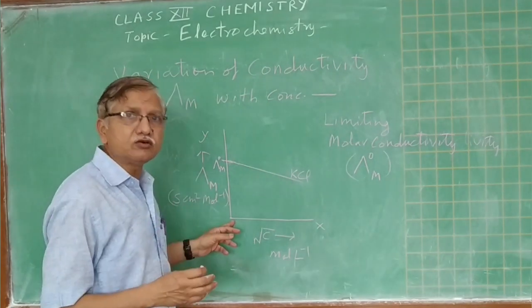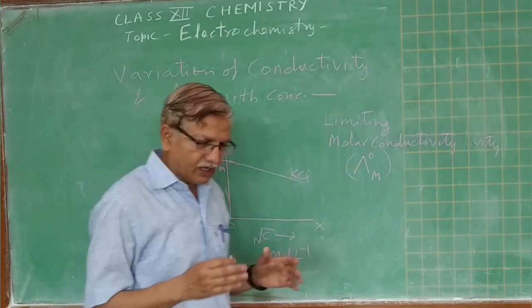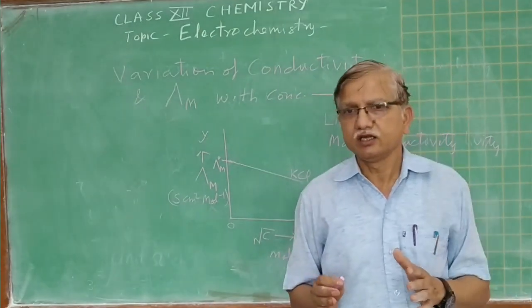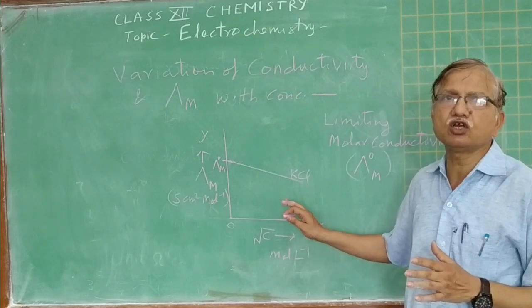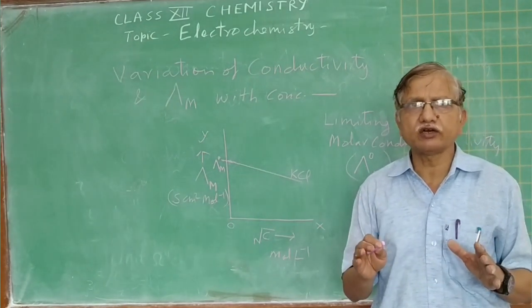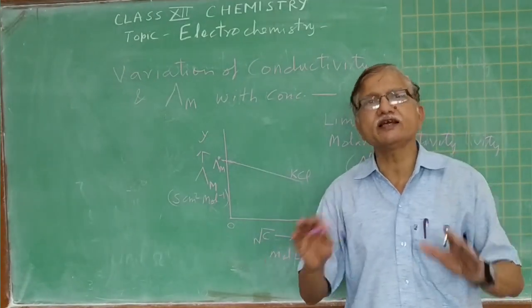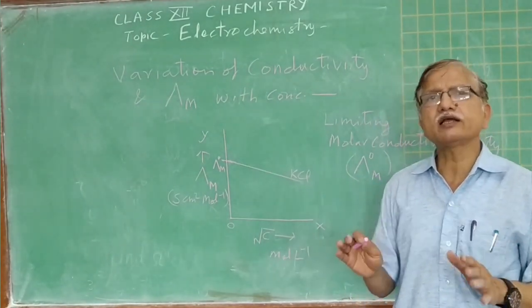Why does it increase on dilution? Because when we dilute the solution, the mobility of ions increases. In case of a strong electrolyte the number of ions is almost the same, because a strong electrolyte dissociates almost completely at all concentrations.